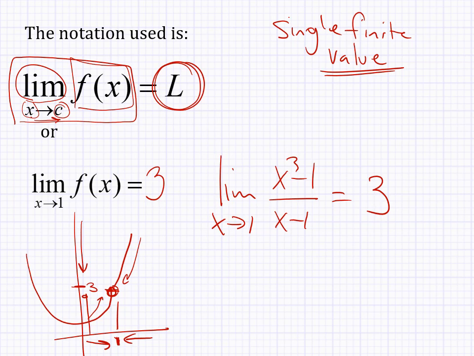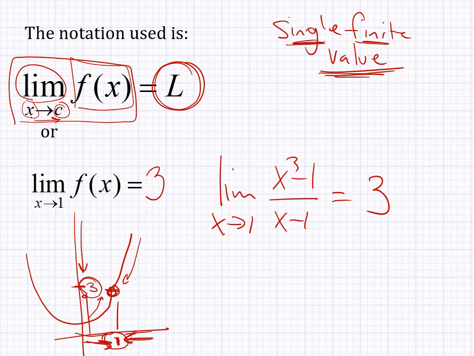Again, it's extremely important to remember that we are approaching a single x value from two directions, because there are two different ways I can get to 1 along the x-axis, and I'm approaching the same finite y value, a single finite value for my y, then we could say that the answer for the limit is that single finite y value, in this case 3.